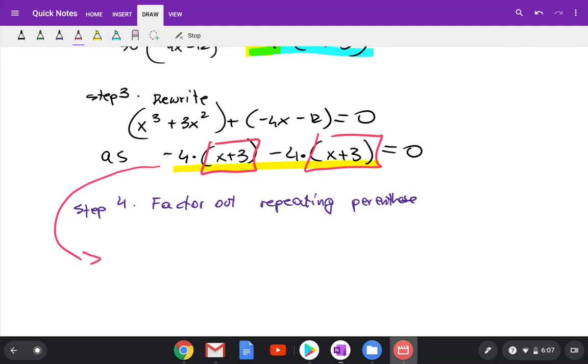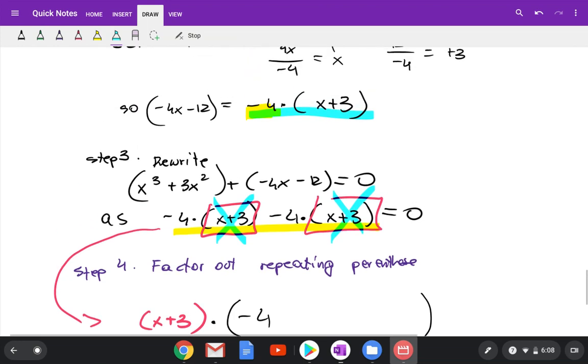So that will become x plus 3. Since that's repeating, it's already in front of the parenthesis, times, so you're going to have negative 4, and again we factor that x plus 3, I put it in front of the parenthesis, so the leftovers go inside the parenthesis.